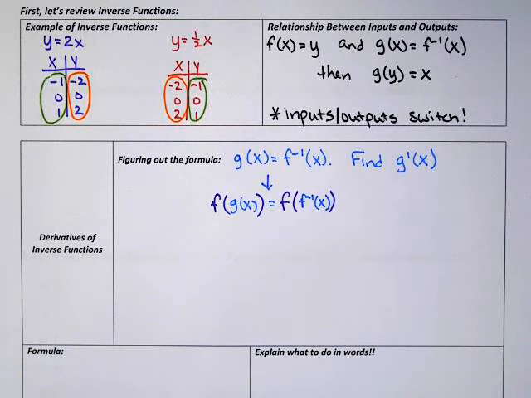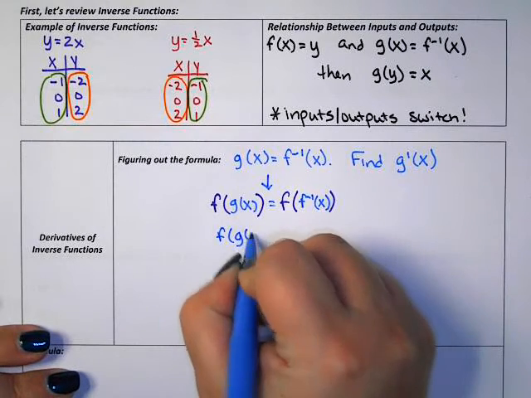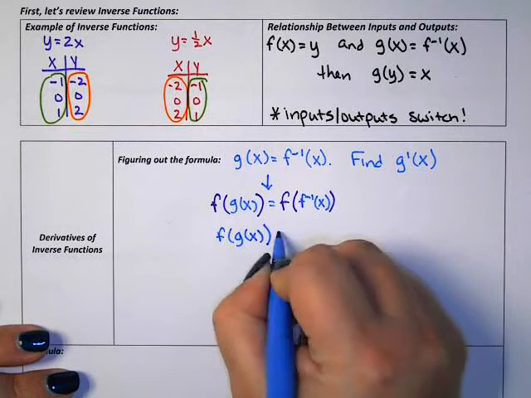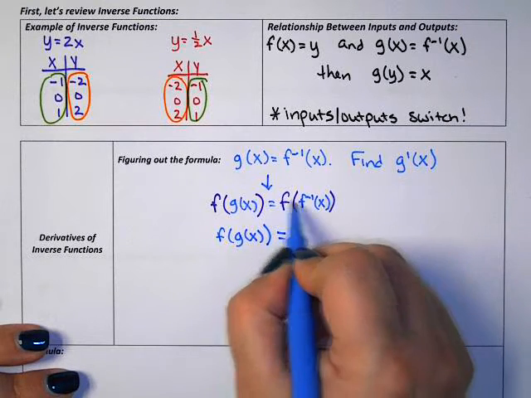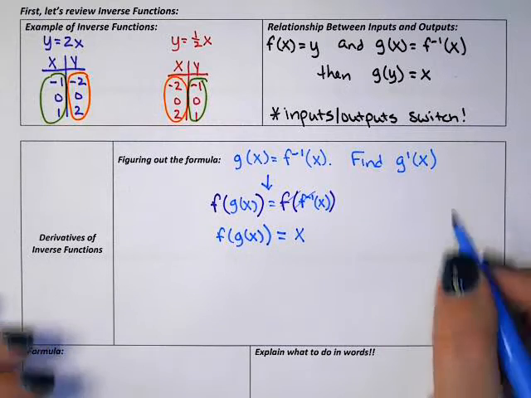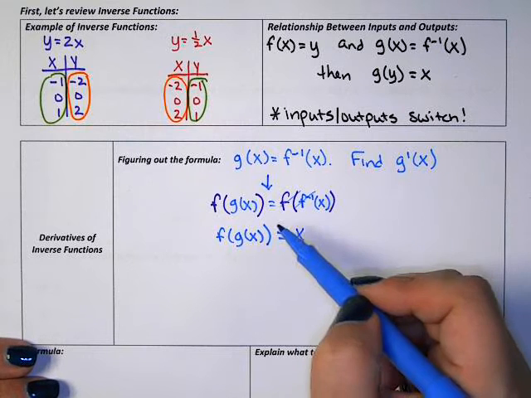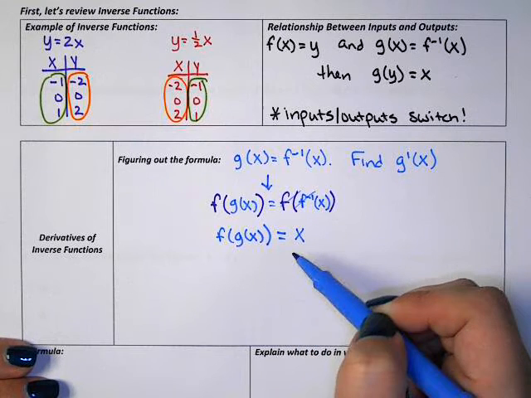On the one side, I now just have f of g of x equals, well, f and f inverse undo each other, and we're simply left with x. So we rewrote this same equation, but without any inverse functions anymore.